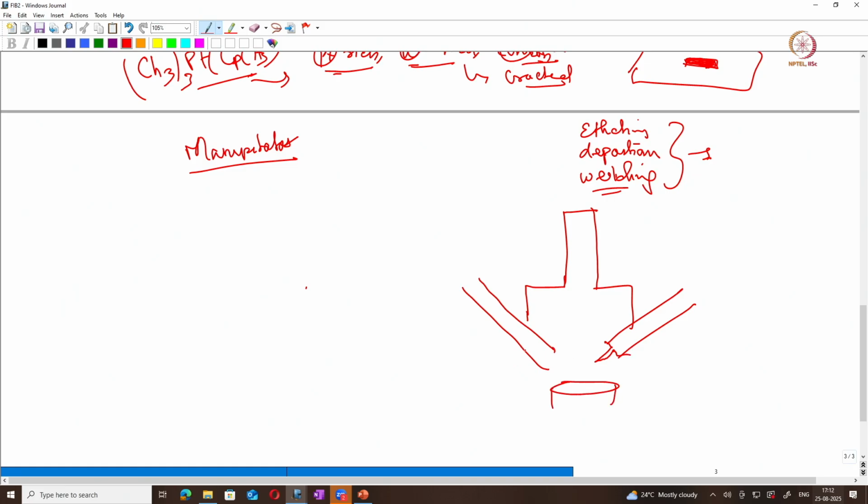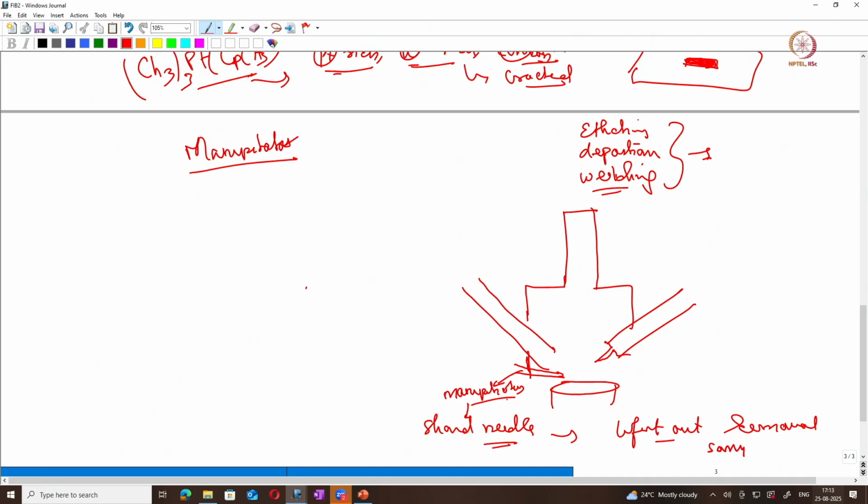Now there is another system which we call the manipulator. The manipulator is nothing but a sharp needle which is used for lift out or removal of any region from the sample surface.